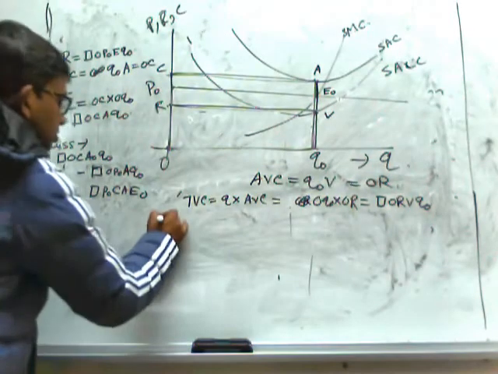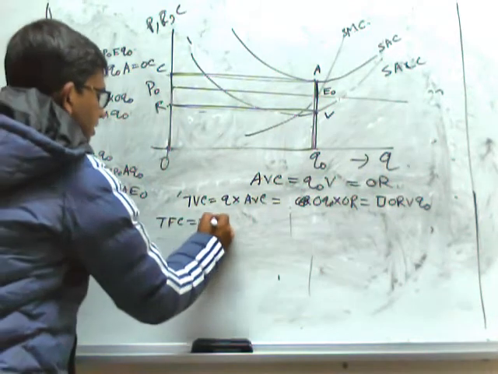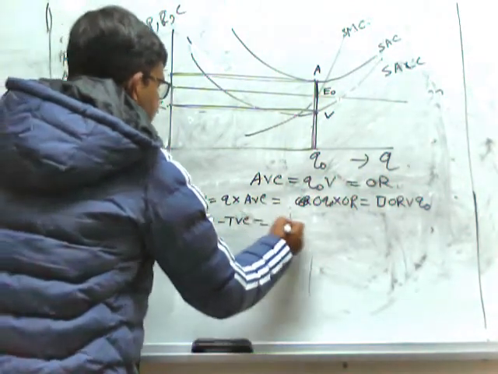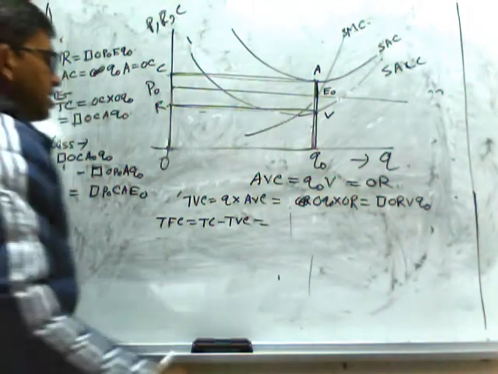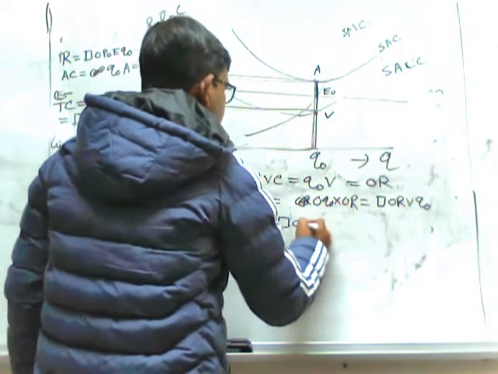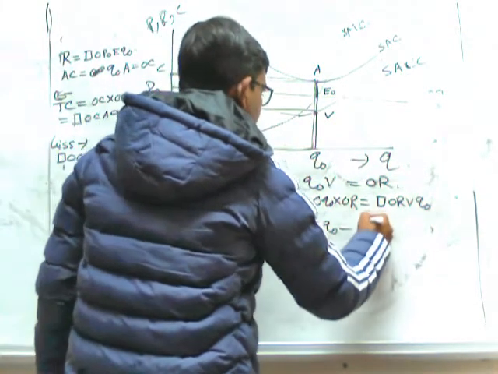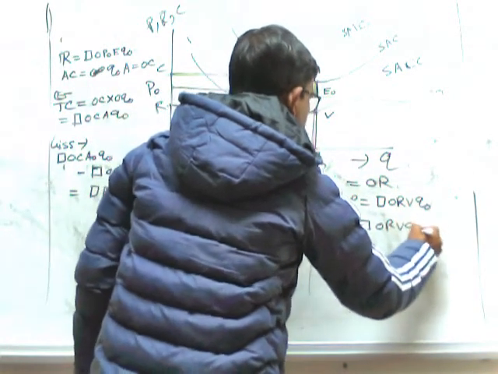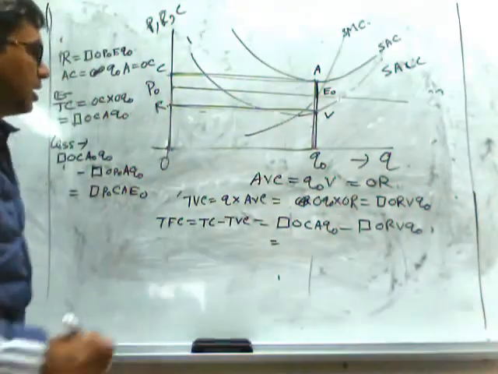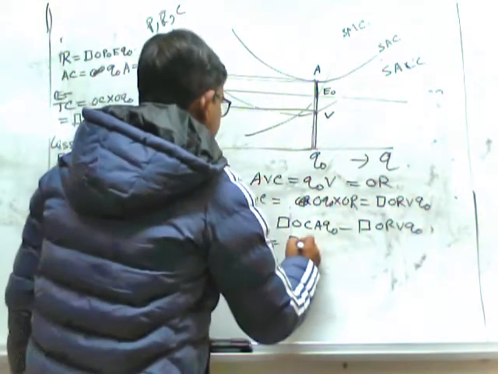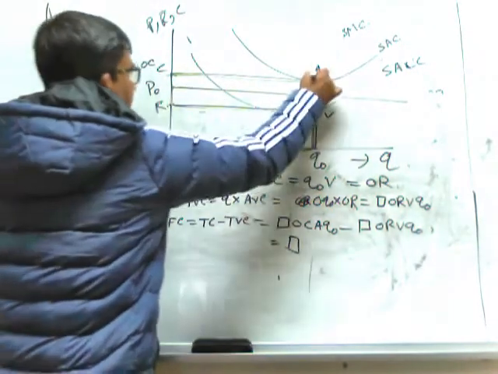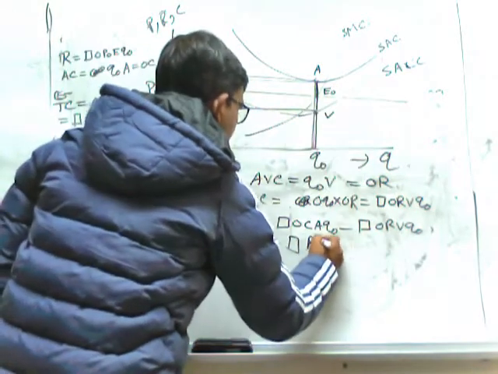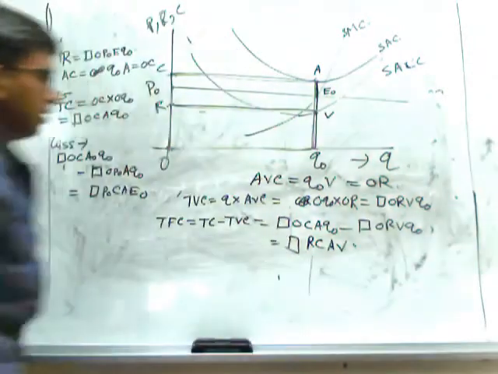So TFC equals TC minus TVC. That means the area of the rectangle OCAQ0 minus the area of the rectangle ORVQ0, which is definitely the area of the rectangle RCAV. Now just compare.